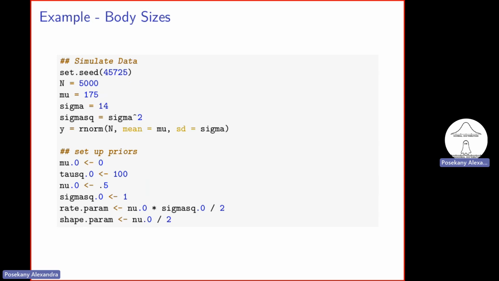And if shifting parameters just a little bit has a large influence on the outcome, then it's called sensitive with respect to this prior parameter.